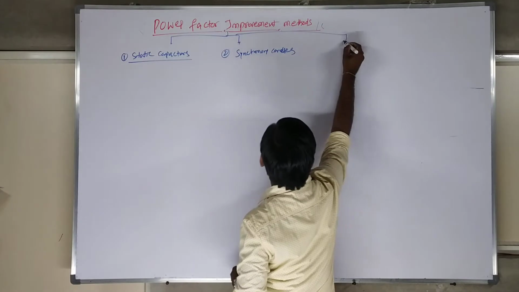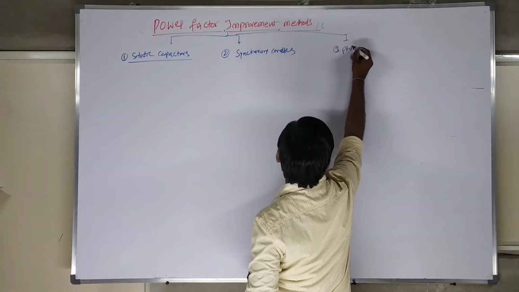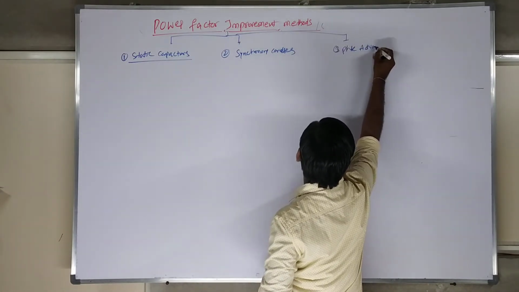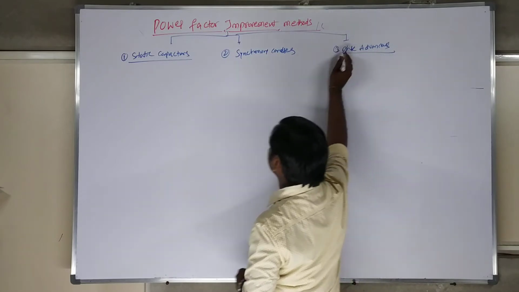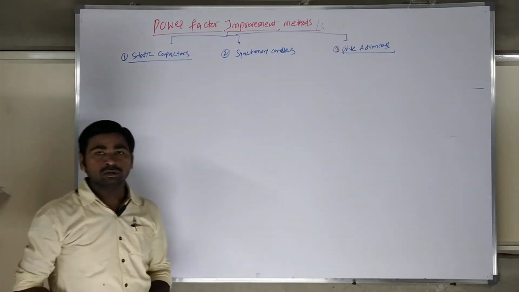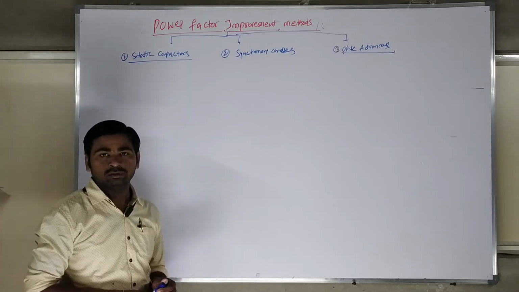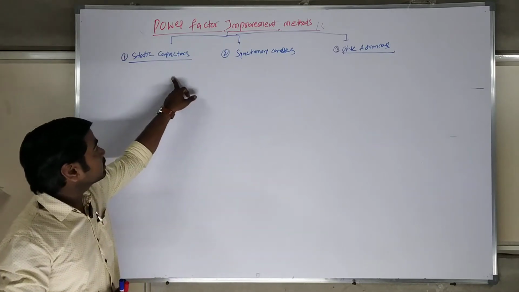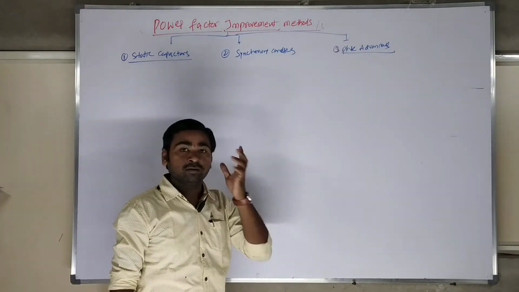The third is phase advancers. These are the three different types of equipment we use: static capacitors, synchronous condenser, and phase advancer.